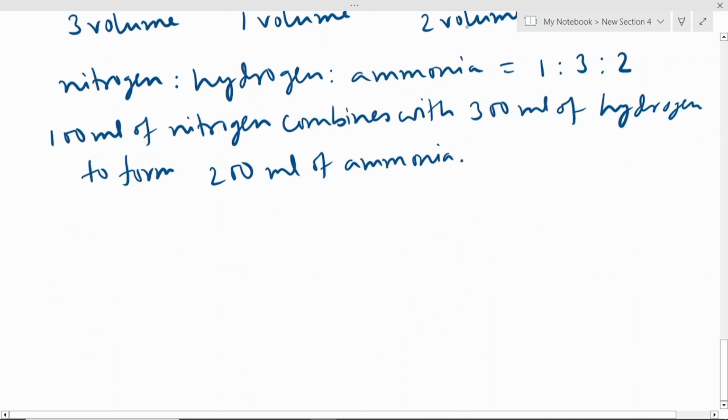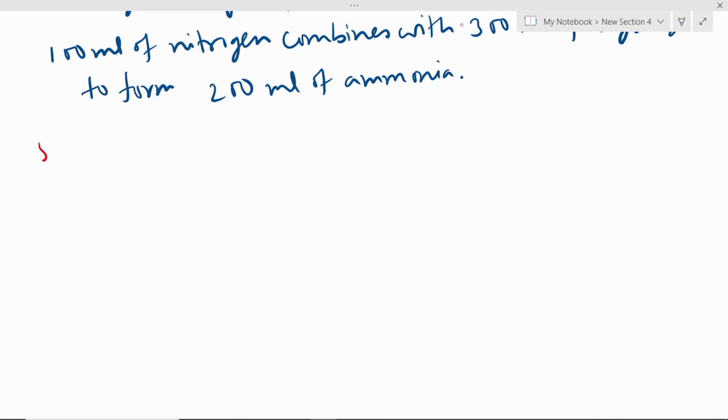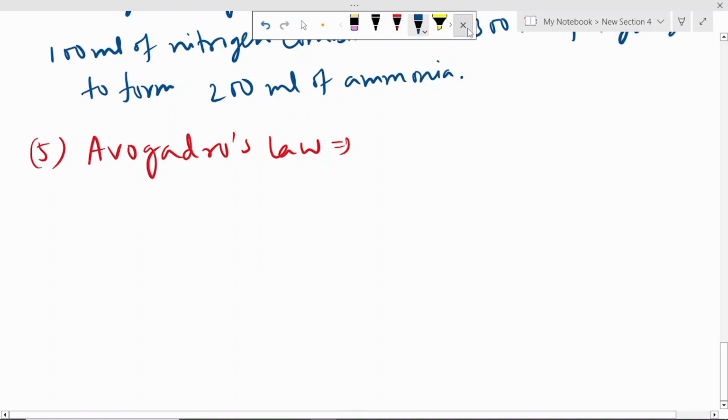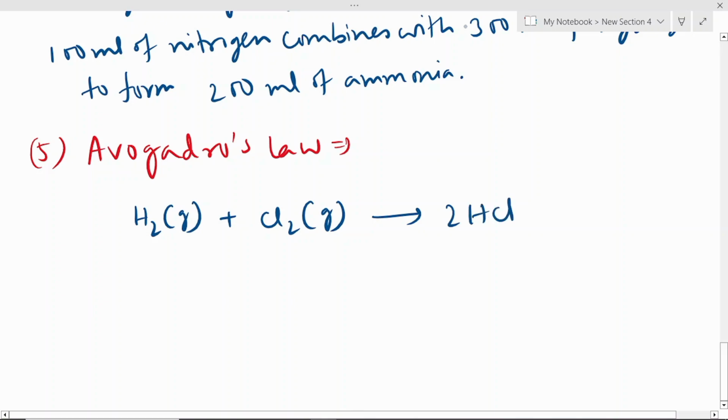Now the fifth law is Avogadro's law, which is very important. Avogadro's law states that at the same temperature and pressure, equal volumes of all gases contain an equal number of molecules. What does it mean? Suppose hydrogen gas and chlorine gas combine to form hydrochloric acid.